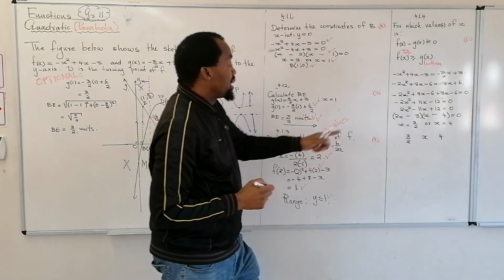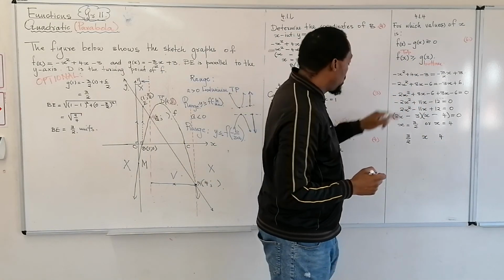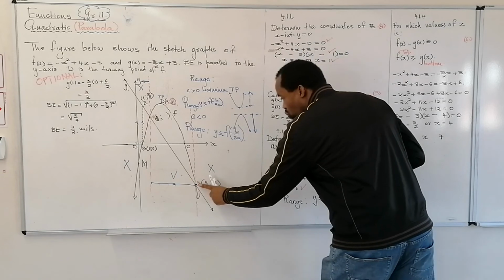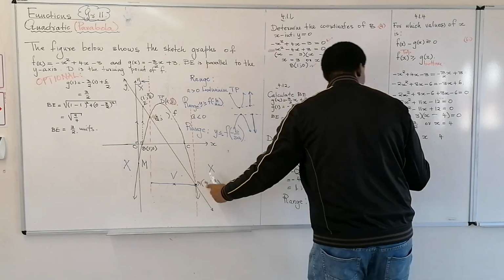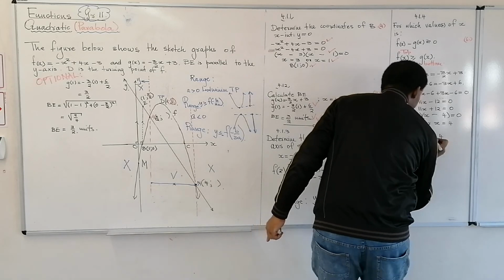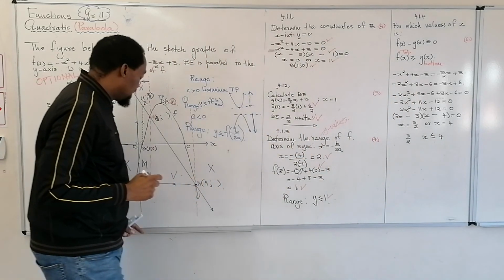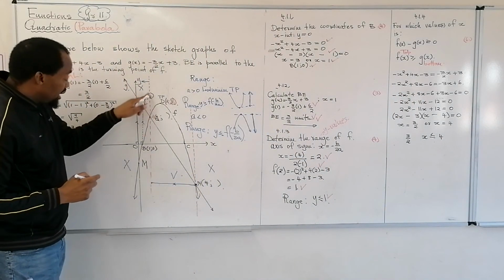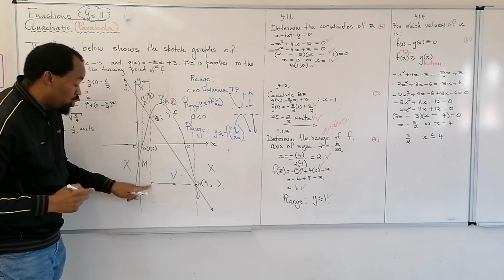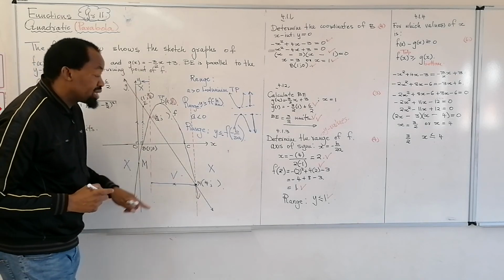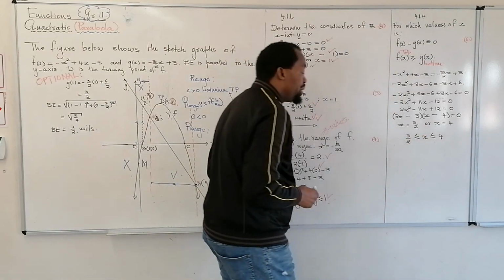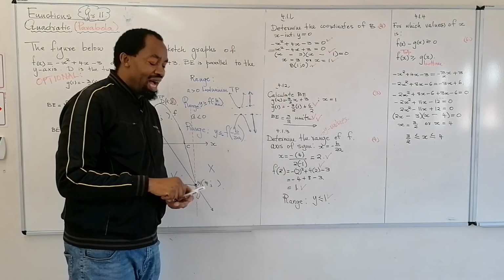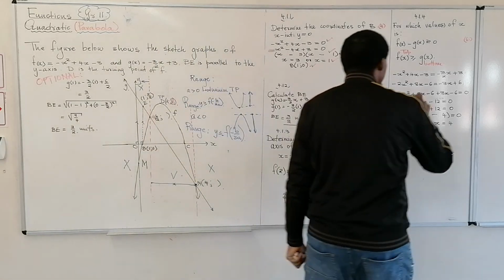Remember, they are included. When I go to that side of this red line, the value of x is becoming smaller and smaller. Remember, it is included. From this line, 3 divided by 2. When I go that side, the value of x is becoming bigger and bigger. We have answered the question.